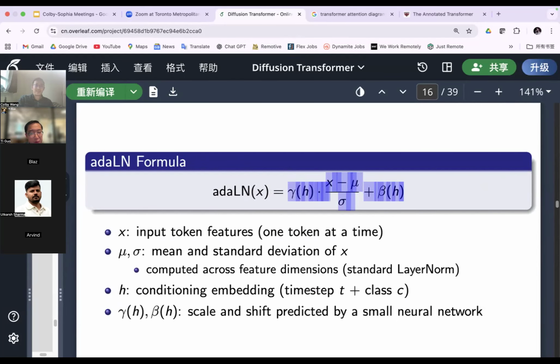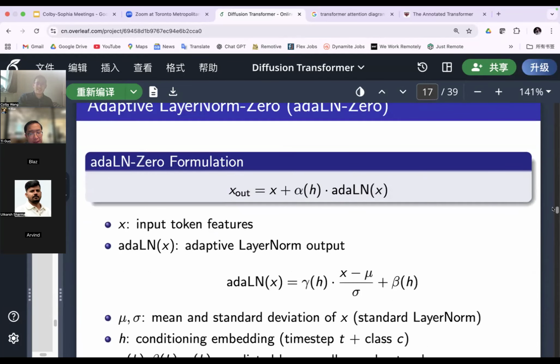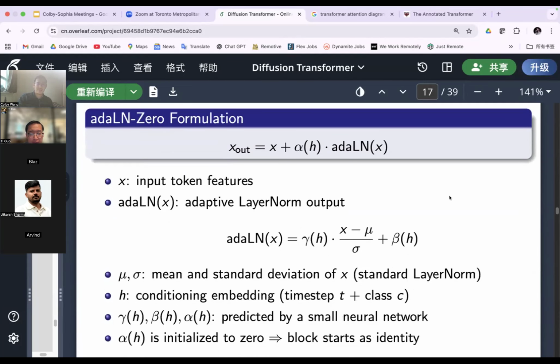It's hard to explain what this alpha really does. You're just scaling the thing, but they find it to be useful for some reason, and it's hard to justify. And they add X again, which is quite interesting. What is X again? X is the input token we input. So it's like adding back a skip connection, basically.